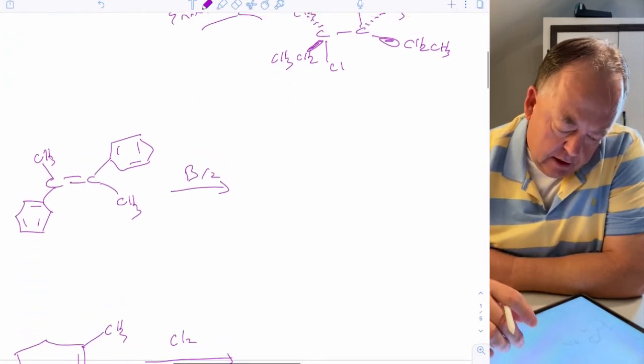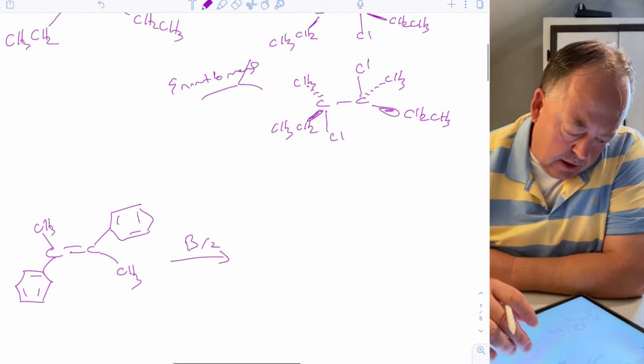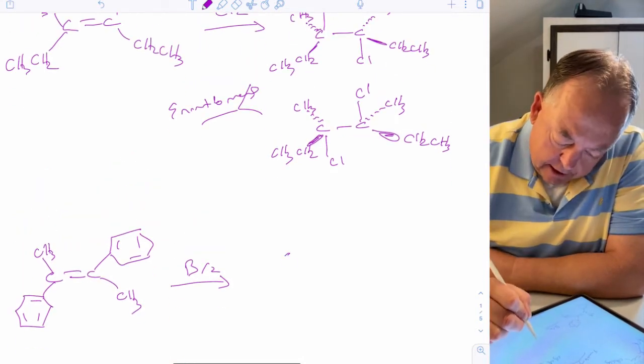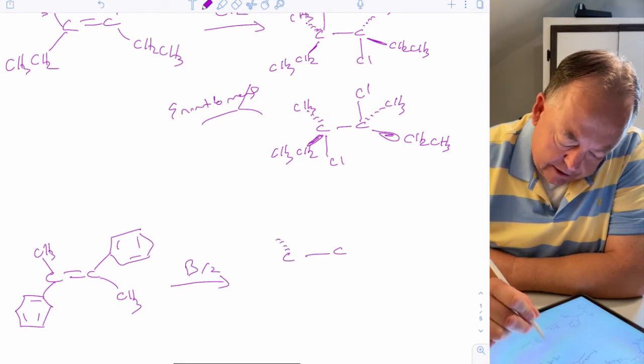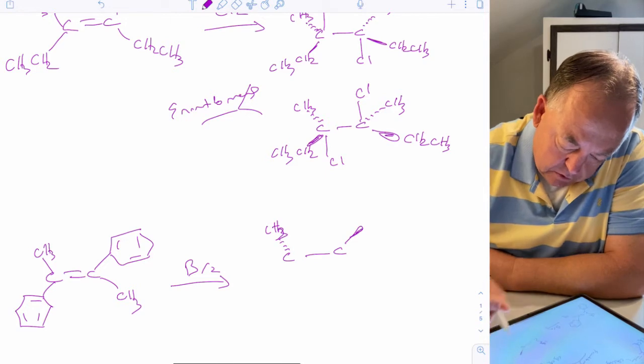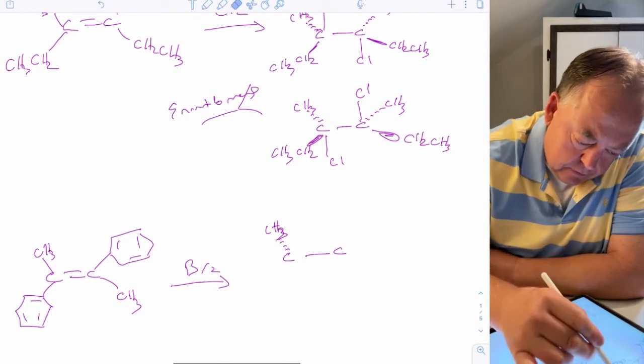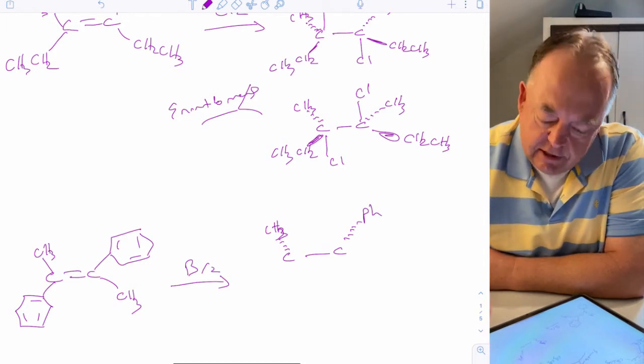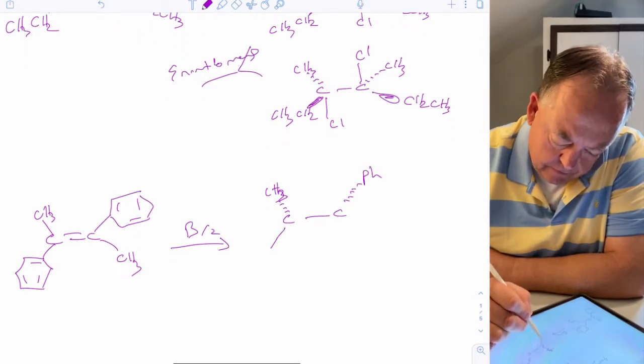If we would have started with this alkene, and again, if we illustrate the three-dimensional aspect of this, I'm just going to write Ph for the benzene ring, which stands for phenyl.